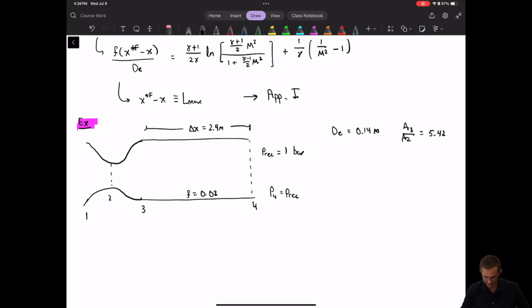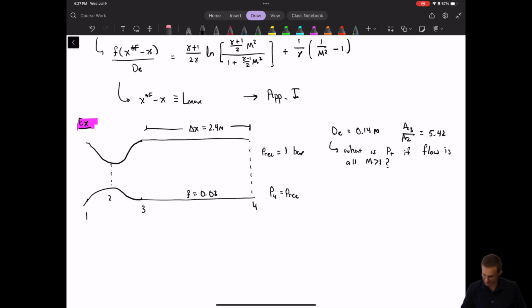And then the question becomes, what is PT? That is the upstream stagnation pressure if the flow is all supersonic. Okay?